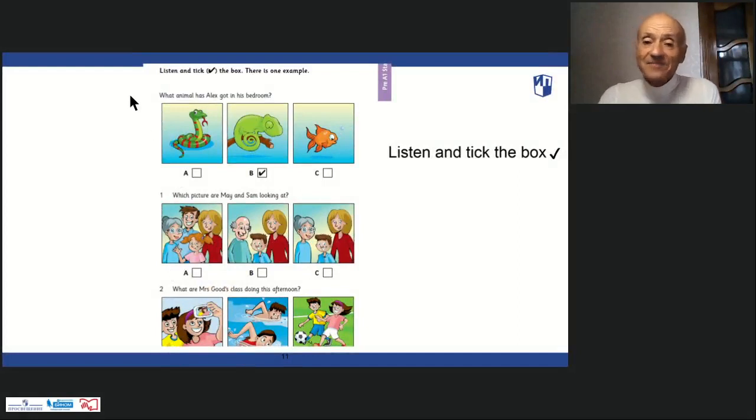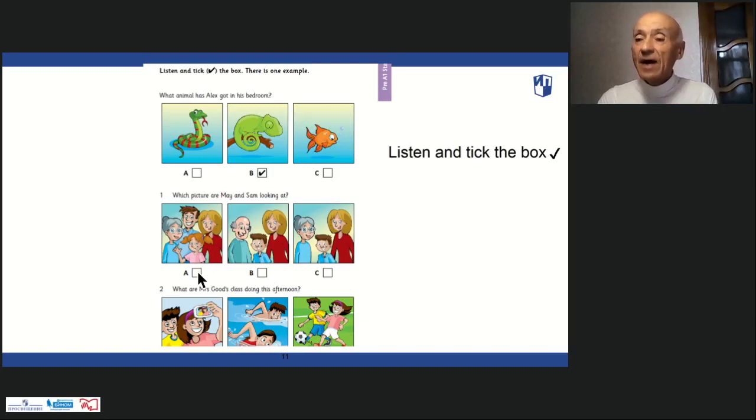Another task. Listen and tick the box. There is one example. What animal has Alex got in his bedroom? The answer is given. Then, which picture are May and Sam looking at? And then the children listen to the description of the picture, paying attention to tiny details.